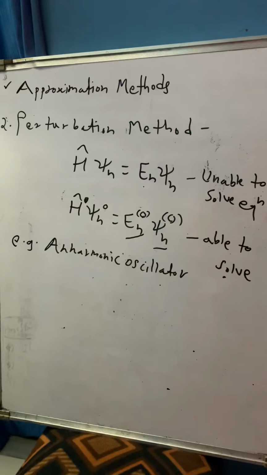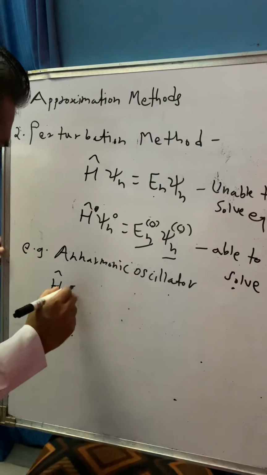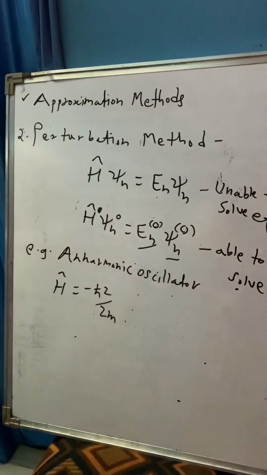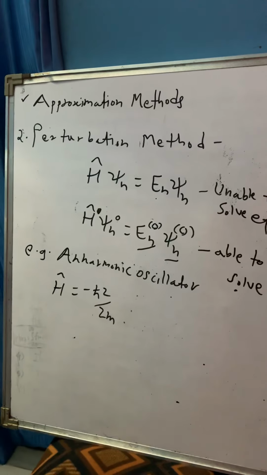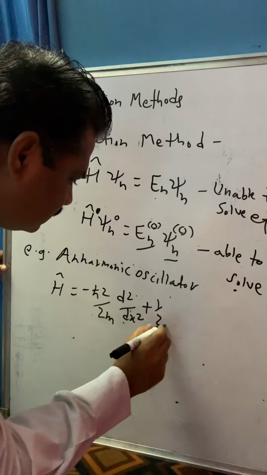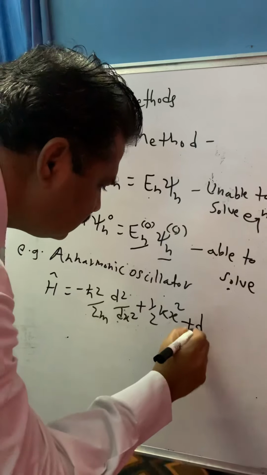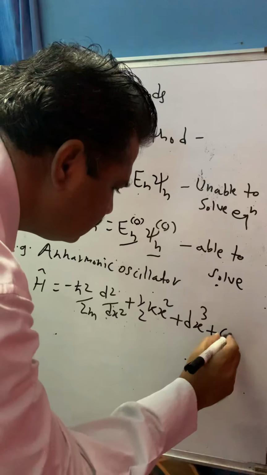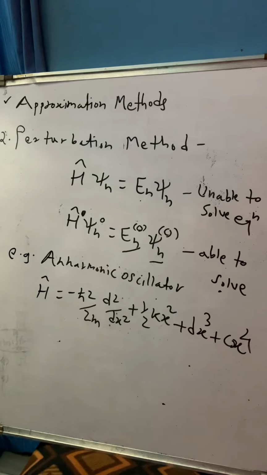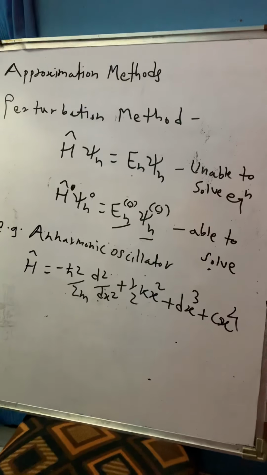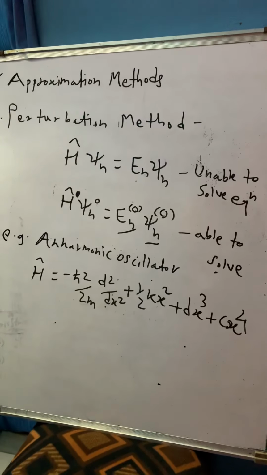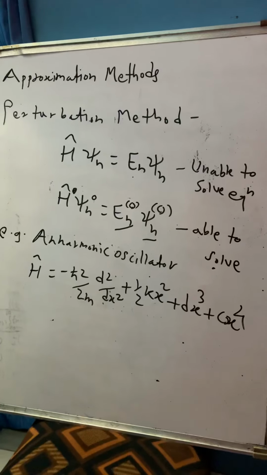In the case of the anharmonic oscillator, the Hamiltonian H equals minus h cross square by twice m d square by dx square plus 1/2 kx square plus dx cube plus cx raised to 4. This is the Hamiltonian for the anharmonic oscillator.